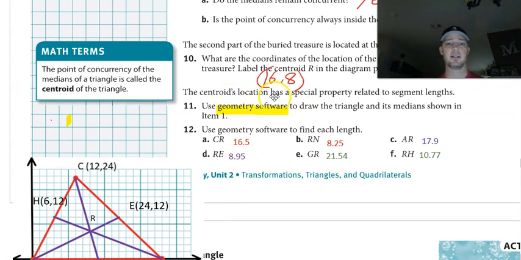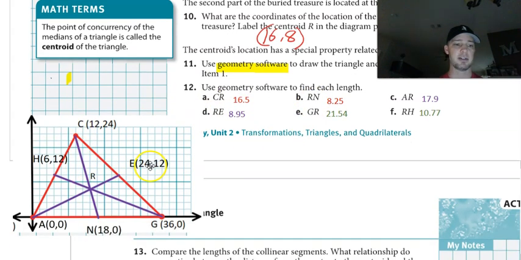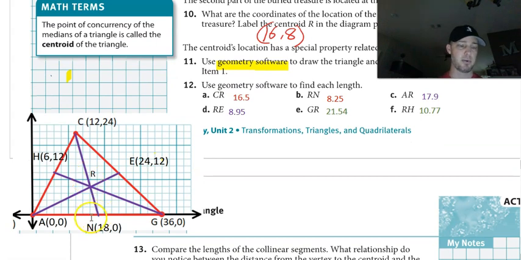So a centroid's location has a special property related to the segment lengths. It says use some geometry software to draw the triangle and its medians. We've already done that on GeoGebra. And let's find some lengths, looks like CR, from the vertex to the centroid, and then from the centroid to the midpoint of that opposite side, and compare them.